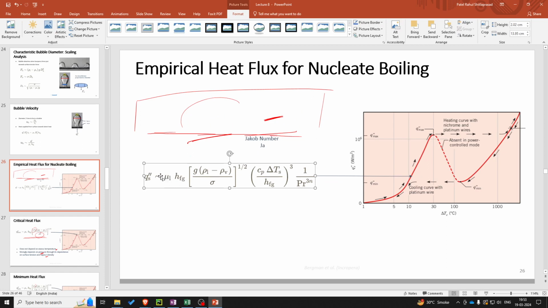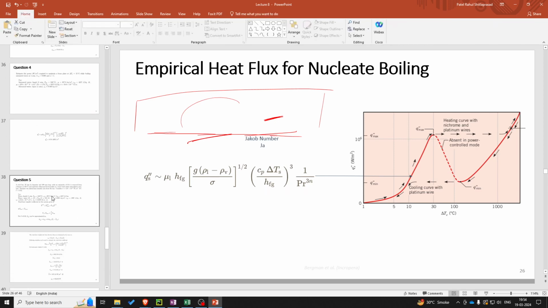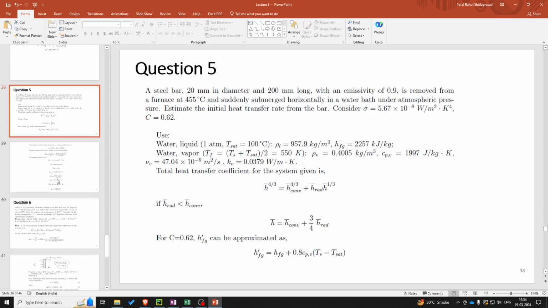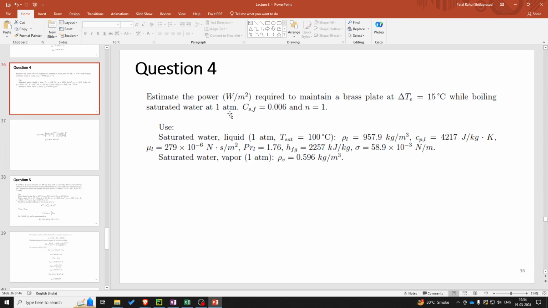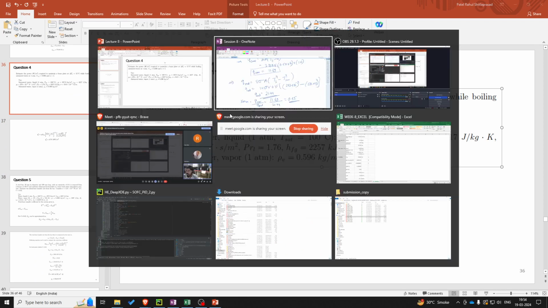This proportionality constant we have been given. So ultimately, by using this formula, we can calculate the heat transfer rate, that is basically the power required. So let's solve this further. This is question number 4.